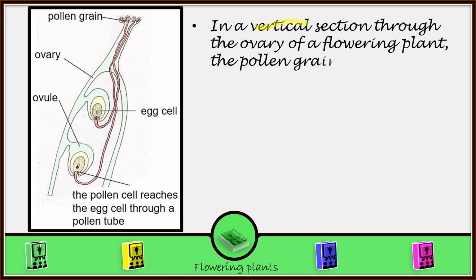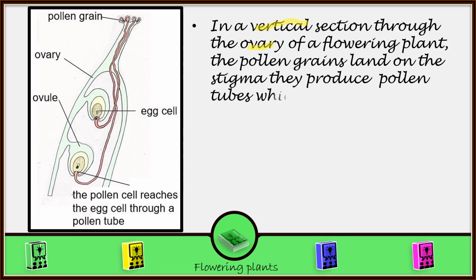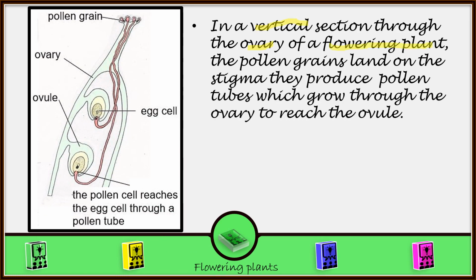In the vertical section through the ovary of the flowering plant, the pollen grain lands on the stigma. Then they produce the pollen tubes, which grow through the ovary to reach the ovule. So when you look here, you will see on top the pollen grains that have landed on the stigma.